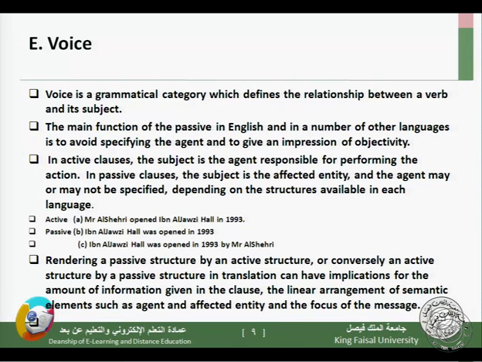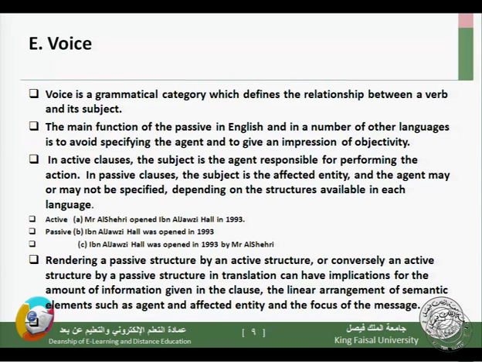Now, rendering a passive structure by an active structure, or conversely, an active structure by a passive structure in translation can have very serious implications for the amount of information given in the clause, the linear arrangement of semantic elements such as the agent and affected, and the focus of the message.